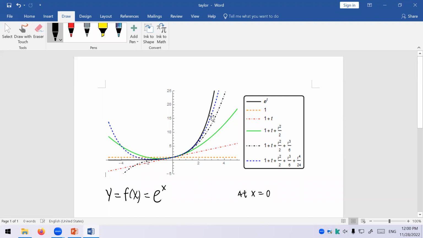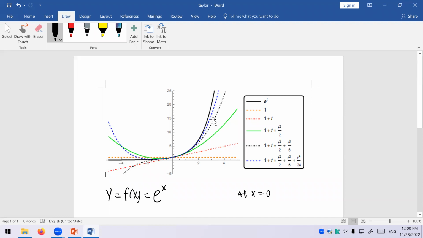you can see that if you're far away from 0, the distance between this dashed black curve and the original function can be quite far away.